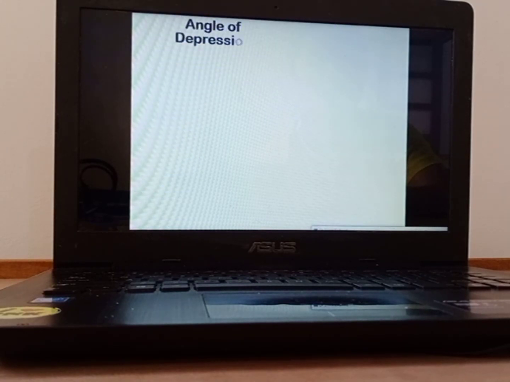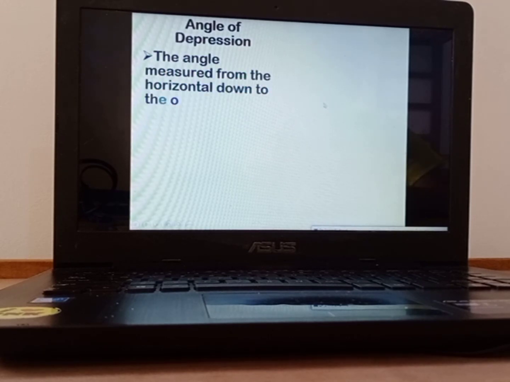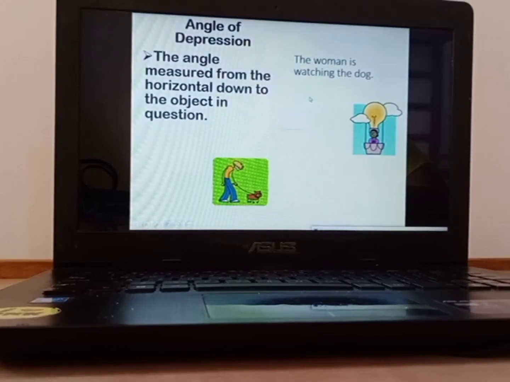Okay, so let's have the application of angle of depression. What do you mean when you say angle of depression? The angle of depression is the angle measured from the horizontal down to the object in question. When we say angle of depression, you are at the top, and you look down at the bottom.